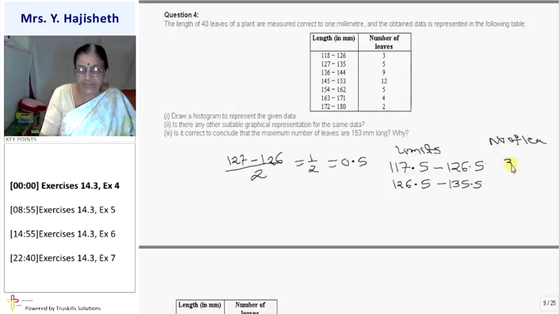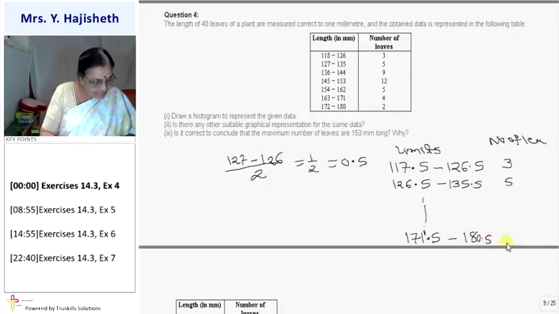The frequency will remain 3. Then from 126.5 to 135.5 it is 5. And the last class is 172 minus 0.5, so 171.5, to 180 plus 0.5, so 180.5, and the frequency is 2. And the total frequency is 40.